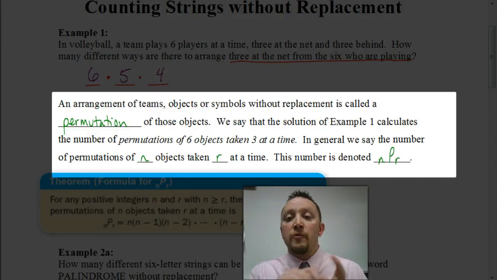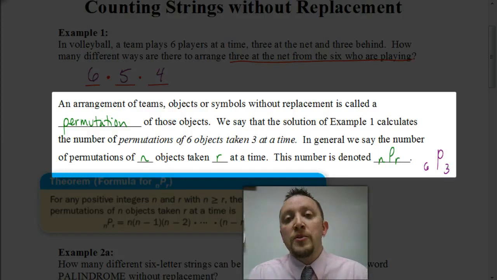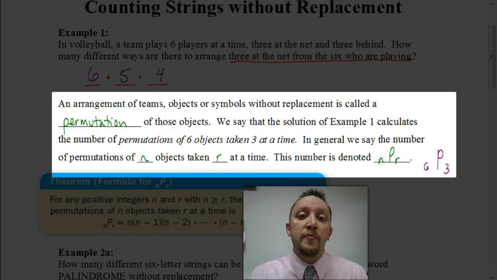So in this situation, we would have 6 objects taken 3 at a time. That's how we'd represent this particular permutation. Now, there are a couple of ways that we could set up or find a permutation. So let's take a second to look at that, and let's look at some other examples.